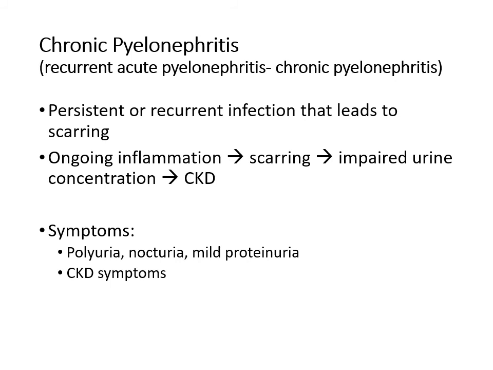So why would these be symptoms of chronic pyelonephritis? Well, the nephrons are being harmed every time you get a bacterial infection of the kidneys, and they're running into difficulty concentrating the urine and reabsorbing the fluid because they're being injured, and it results in polyuria, and polyuria at nighttime gets you up a lot, so nocturia, and you could have proteinuria because even the glomeruli can be injured and you can start to lose protein.